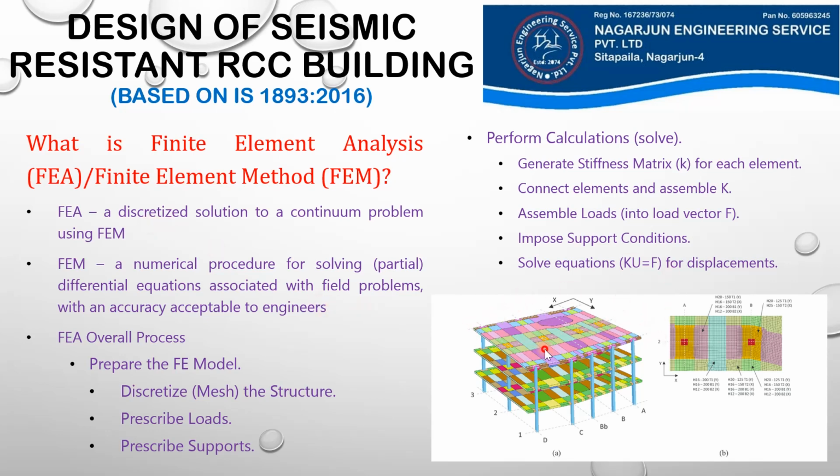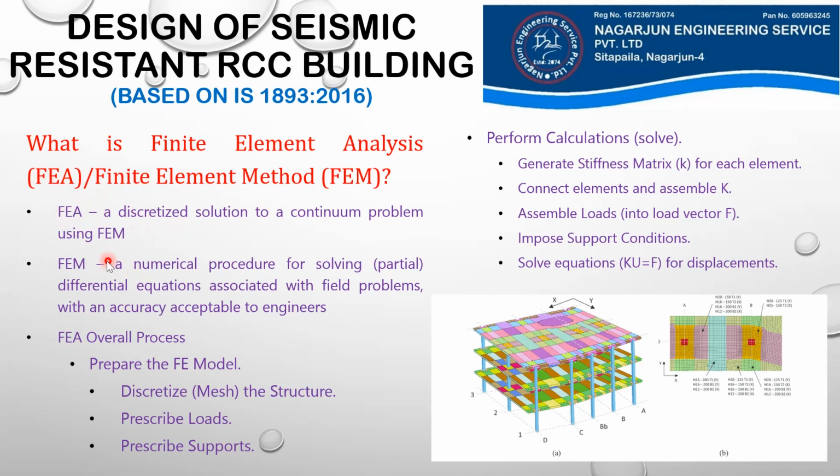Like in this slab, it is divided into these small rectangular elements. So we break a whole continuum element into its various small components. That means we discretize that element. This is the main philosophy of finite element analysis. We analyze the member by breaking down into smaller components.